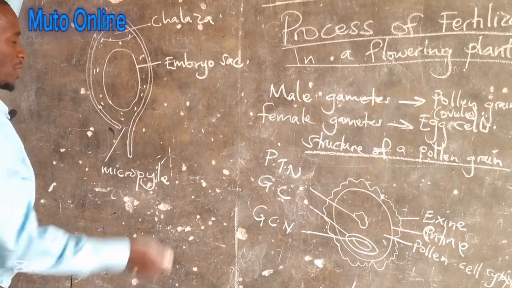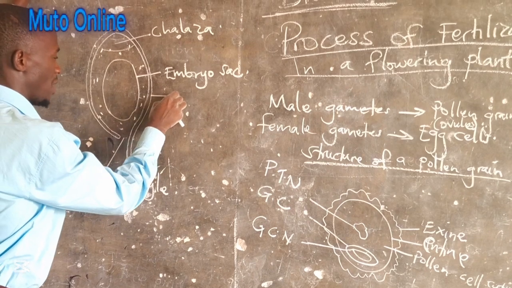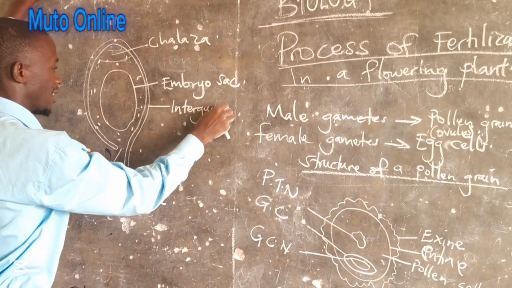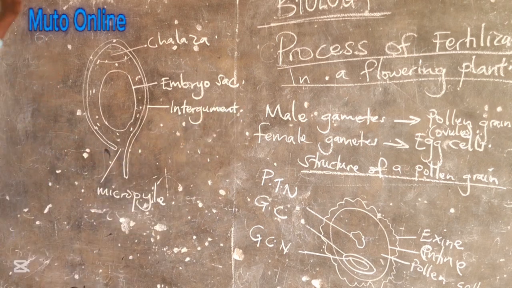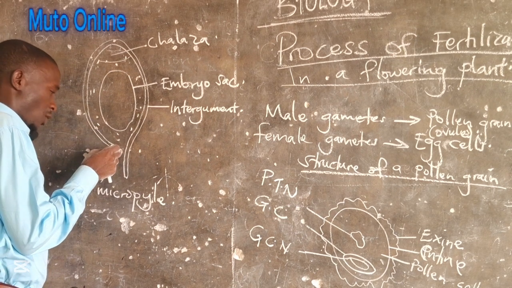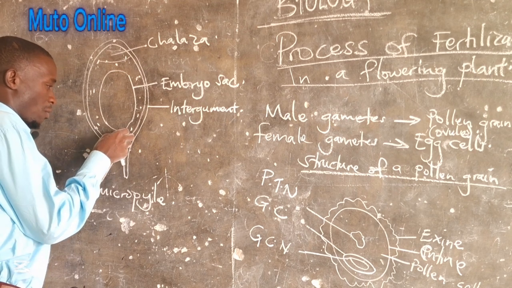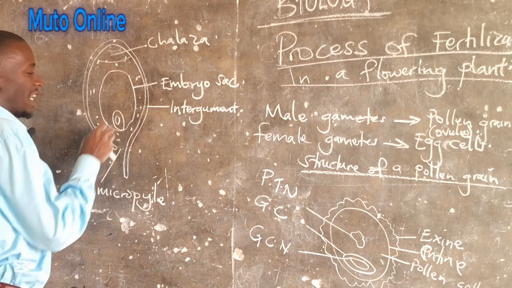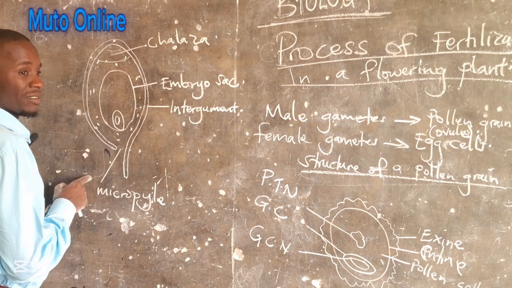I think we are following. We said this double-layered membrane is known as the integument. Inside the embryo sac, there are a number of cells. The large cell close to the micropyle is known as the egg cell. It has its own nucleus.